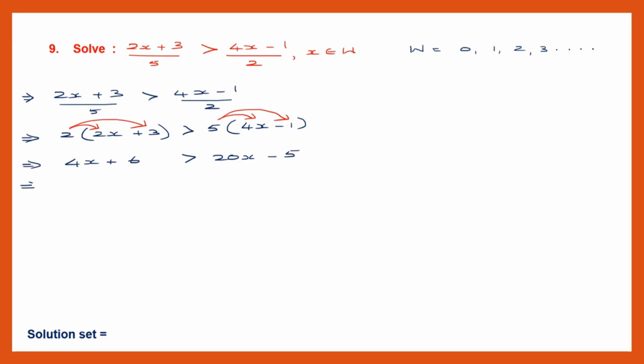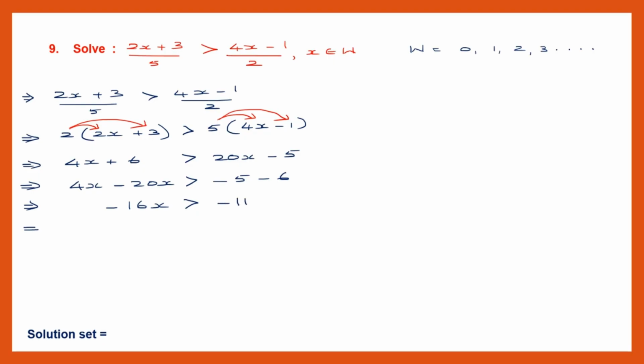Now let's bring all the x to one side. So here I have 4x and I bring the other x, it becomes minus 20x. And I'll take the numbers to the other side. So I have minus 5 minus 6. So here now 4x minus 20x is minus 16x. This is greater than minus 11.